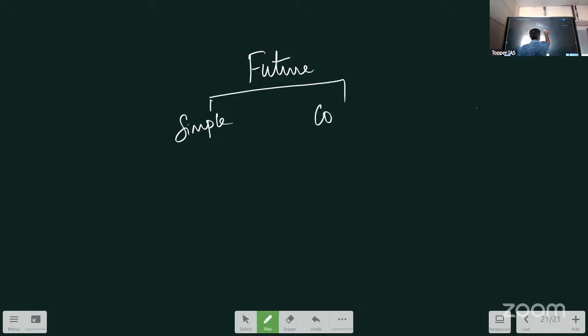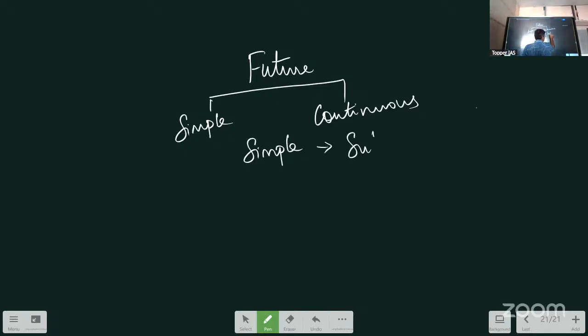Yes. Next is called future. So again, two things. What will be the two things? Simple and continuous. So first, let us look at simple. So what is the structure for this?